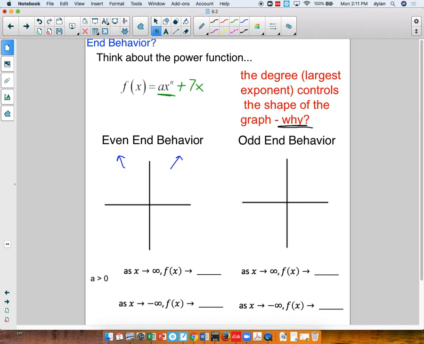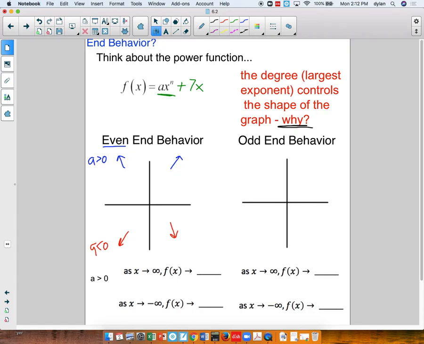So if a is greater than 0 for even degree polynomials, you know that your end behavior is going to go positive in both directions. And if a is less than 0, you know that your end behavior is going to go negative in both directions, ignoring completely the middle of the function, which for this lesson we don't really care about.